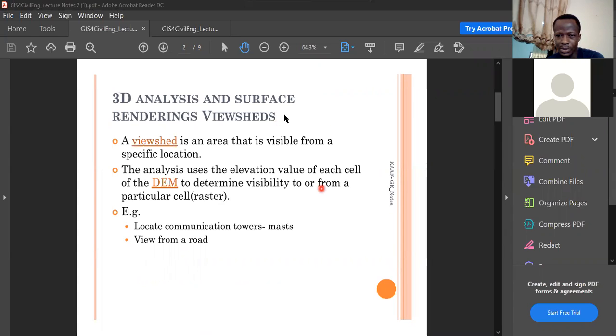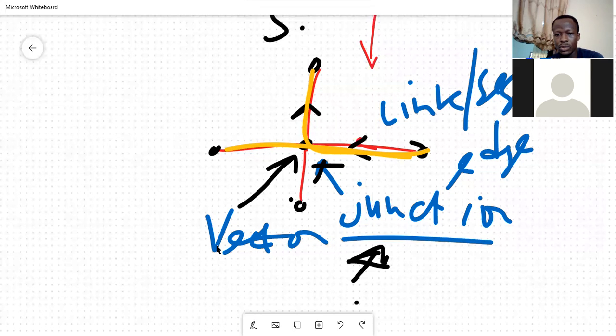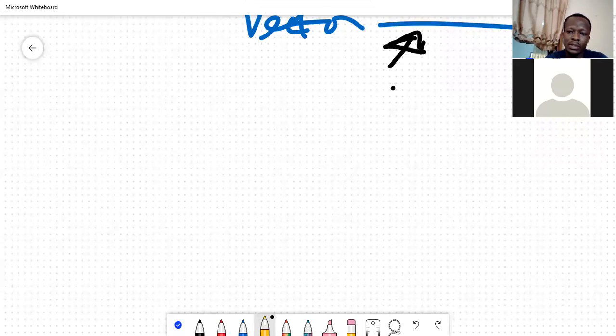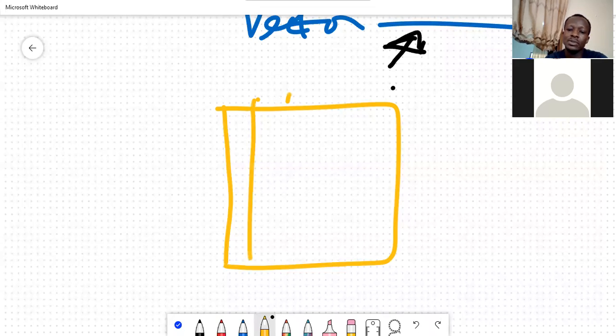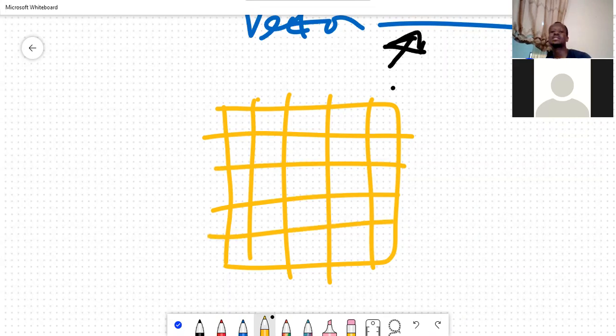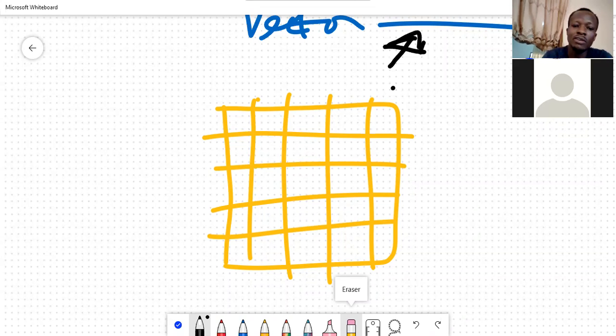This is how the viewshed works. Usually your data set is a digital elevation model. This is how a digital elevation model looks. It's a picture, but in this picture you don't see a human being or something like that. It's actually a picture that contains values of elevation.